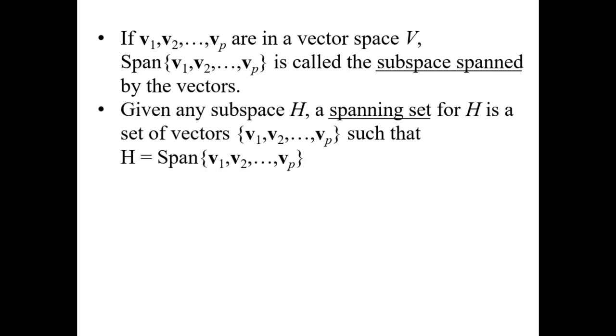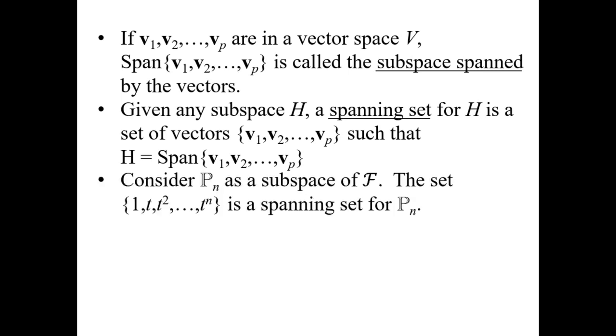Given any subspace H, a spanning set of H is a set of vectors such that H is the span of those. So basically, if you've got any subspace H, it would be nice, and you won't always be able to find it, to find a set of vectors so that the span of those vectors defines H.